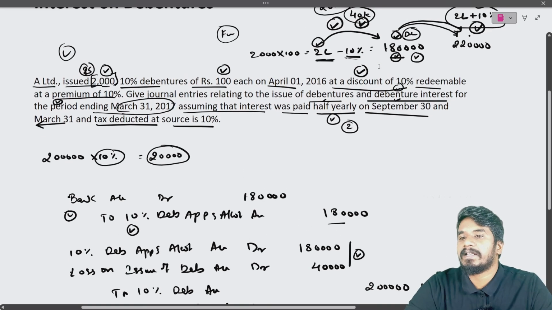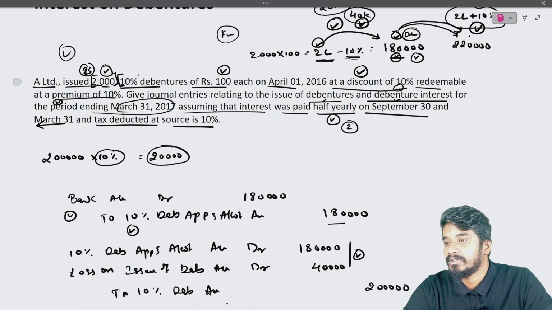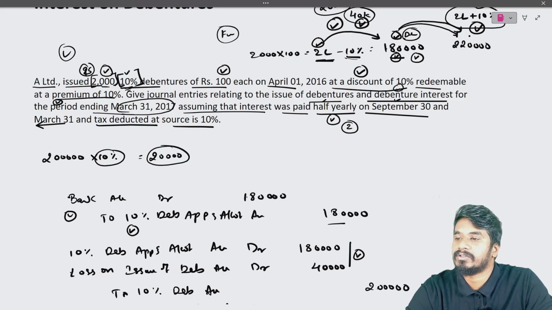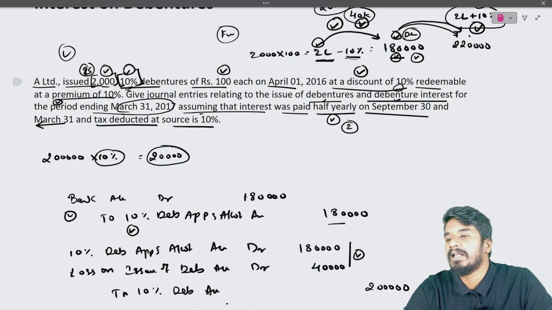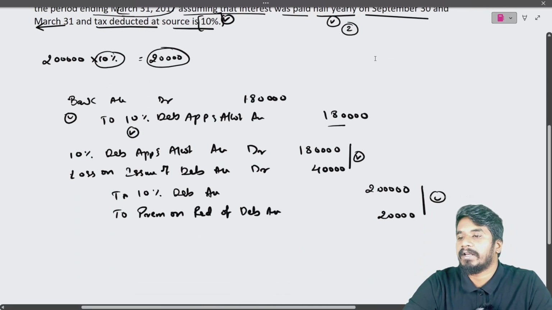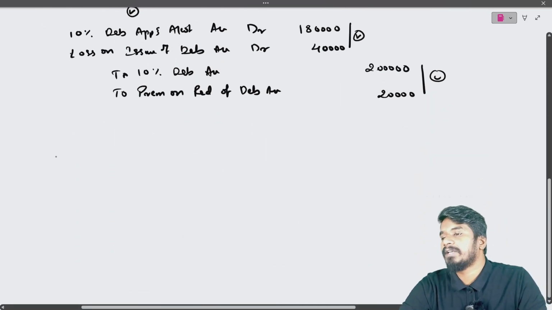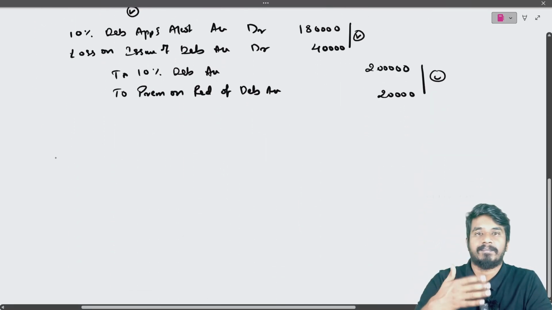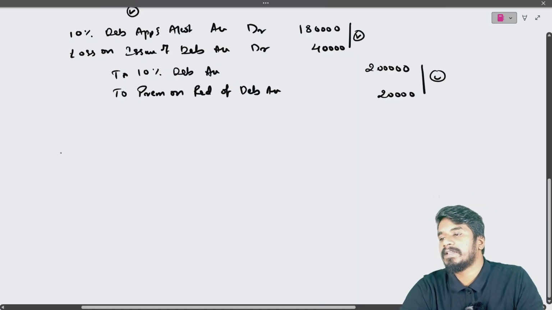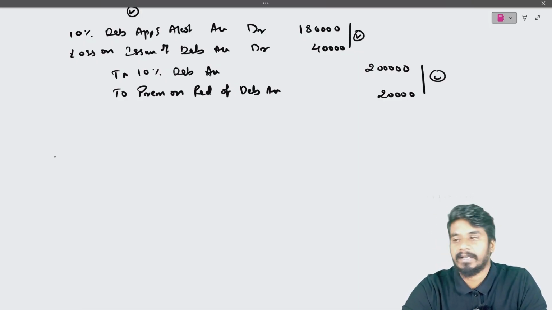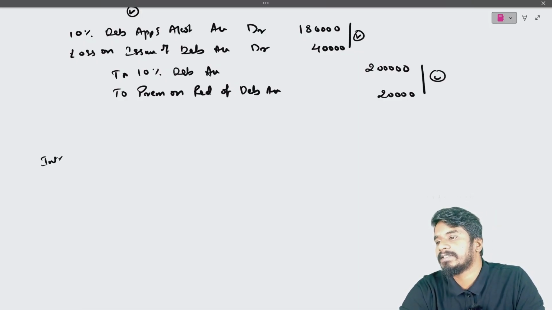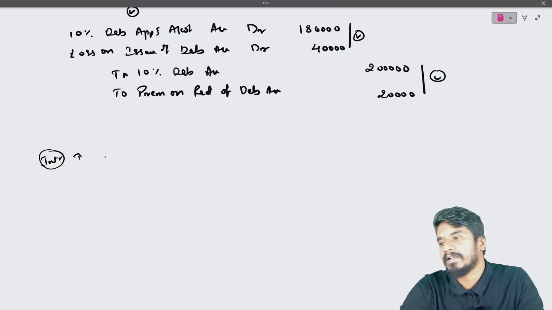So what is the interest here? This is the percentage of interest, 10% debenture. This is the interest and this is the tax, correct? Let us do the entry. We discussed it in the previous video: if expenses increase, we will debit it. Interest is an expense, and obviously if it is increasing, we will debit it.